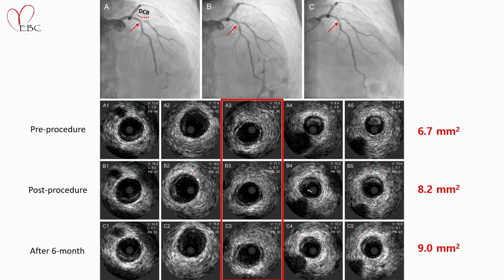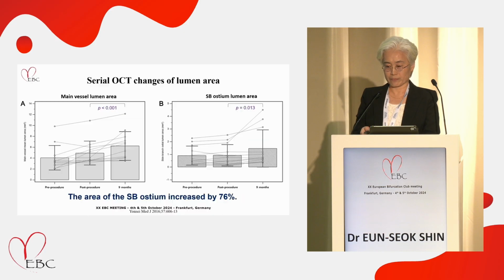The lower limb of the confluence in the main vessel, which is prone to compromise if we put a stent, showed increased lumen area. It measured 6.7 square millimeters at baseline, 8.2 after the procedure and 9.0 at follow-up.